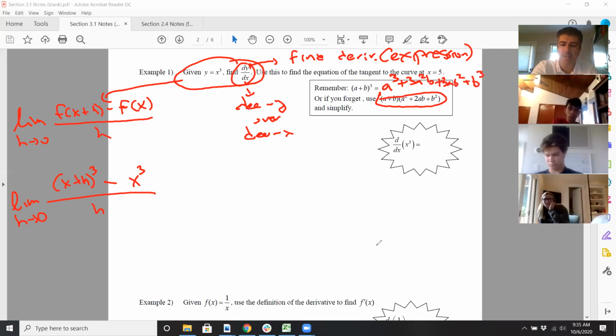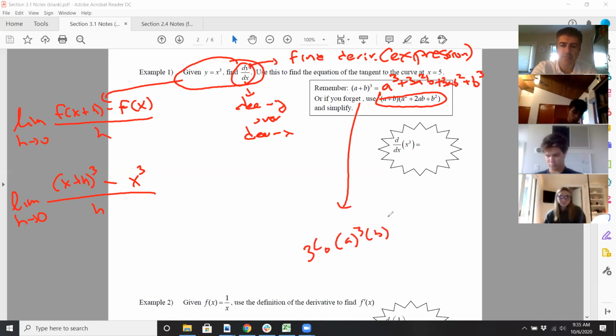The binomial theorem states that when you have something like this here, you do n, I'm not sure if you guys remember combinations. And then you do this, and you keep going until you get 3C3.